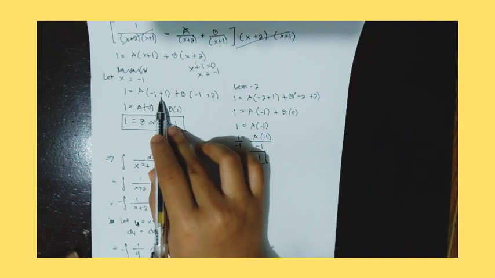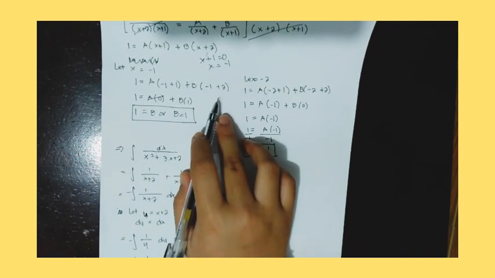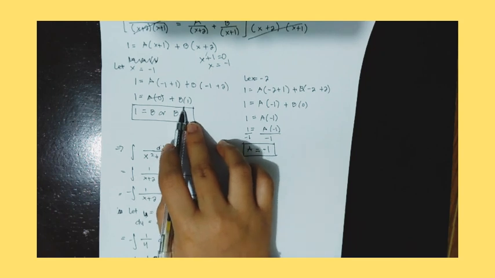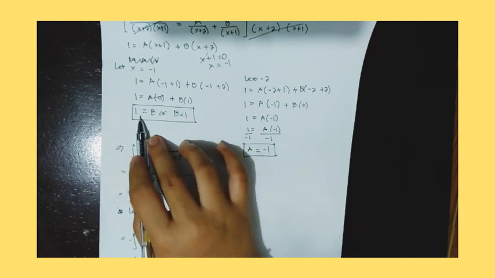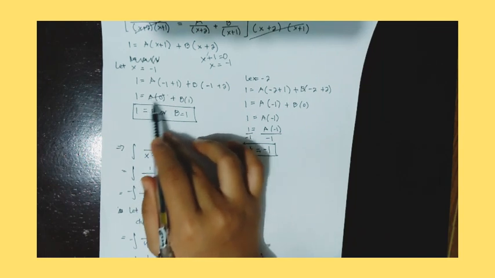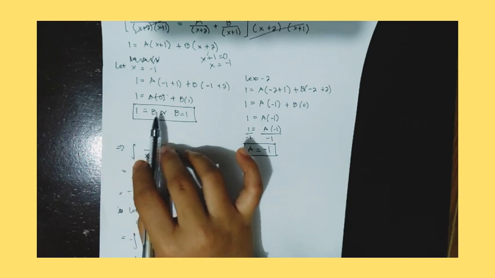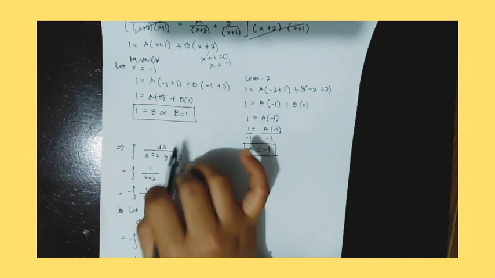Substituting negative 1 for x: negative 1 plus 1 is equal to 0, and negative 1 plus 2 is equal to 1. Then we cancel A times 0 because it becomes 0, and we get B. 1 is equal to B, or B is equal to 1.